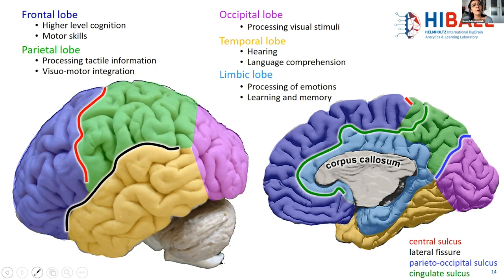Whereas the posterior part of the parietal lobe, the part that borders the, so this part here of the parietal lobe, which borders the occipital lobe, it is very important in what we call visual-motor integration.